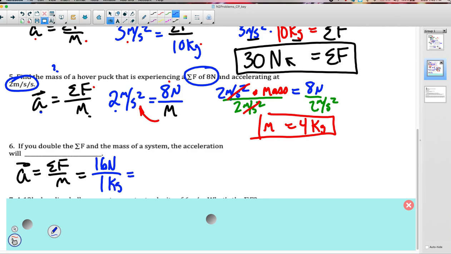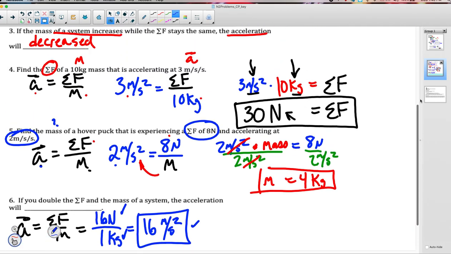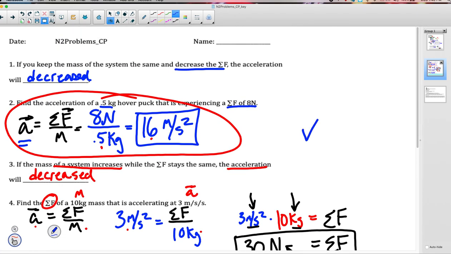And we know that 16 divided by 1 is 16, and a newton per kilogram gives us the units for acceleration, meters per second squared, and boom. So it looks like if you double both the net force and the mass, you get the same rate of acceleration, because it's the same answer we got for number 2.